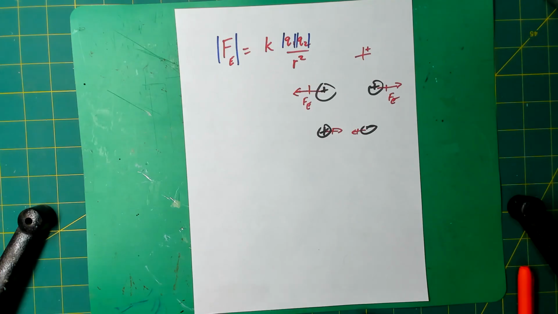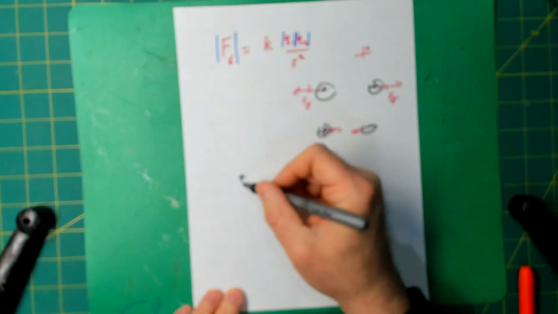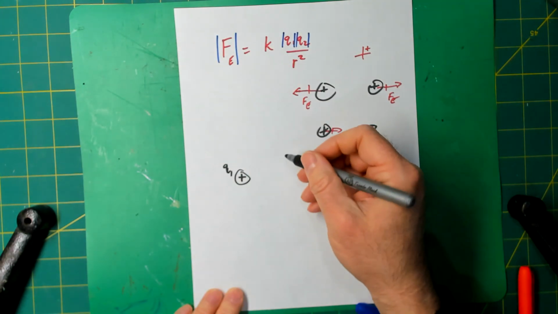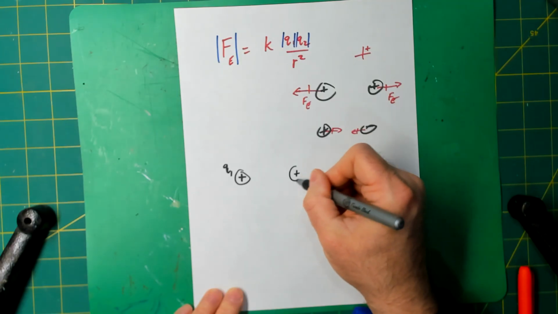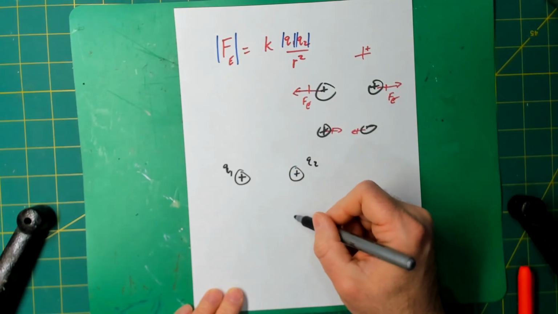So later on, if I have, say, something like this, I've got a charge here, and I've got a charge here. This guy's Q1, this guy's Q2. Maybe I have a third charge here. We'll make this a negative.